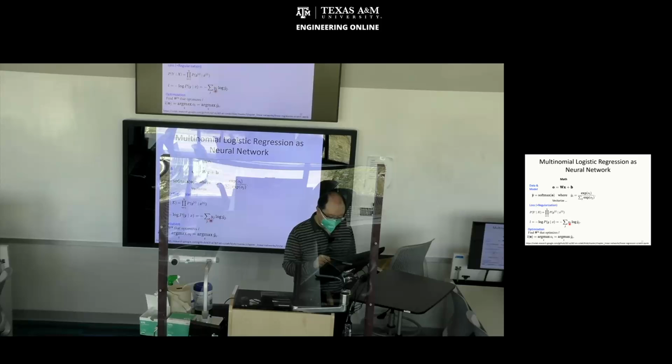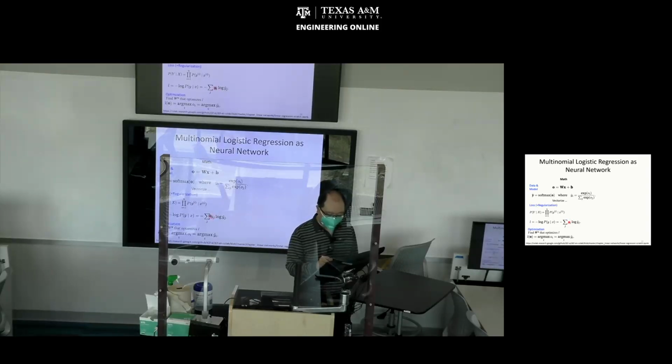Then we can rewrite them as y_j times log of y hat_j, where y_j is the ground truth or observed label for example x. This is the observed label for class j. Again, this is a class, don't get confused. For simplicity, I didn't put the superscript i here to indicate example i, but for any example I can write them in this way.